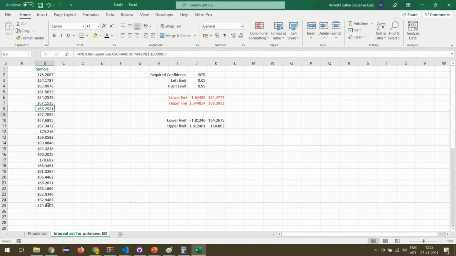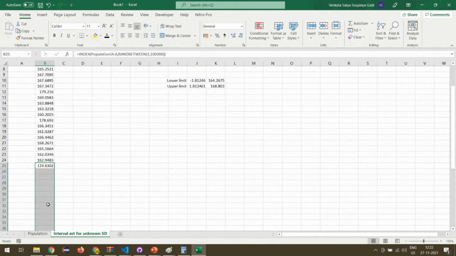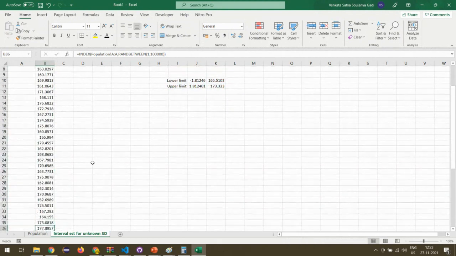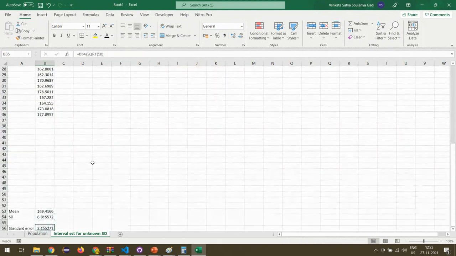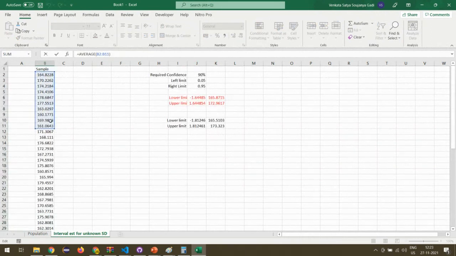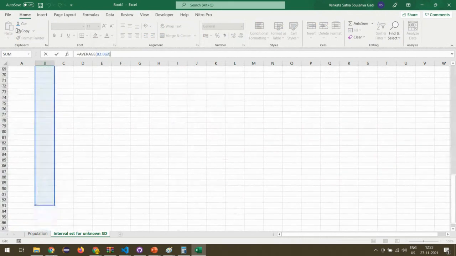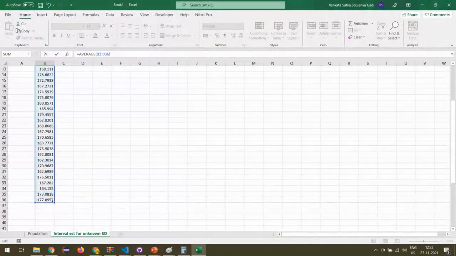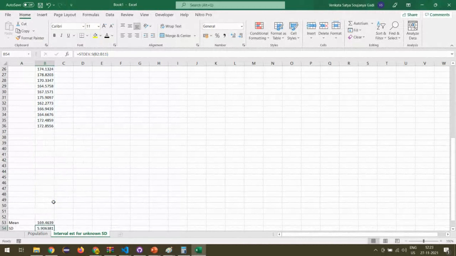Let us have more than 30. So we have how many now? We have 35, right? So when we have 35, we can directly go for the normal distribution. I will show you why. Let me first update the formulas, because the value will be very, very close, so it's not a big problem.